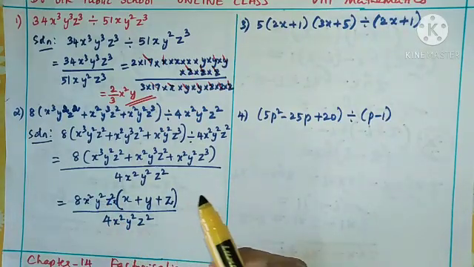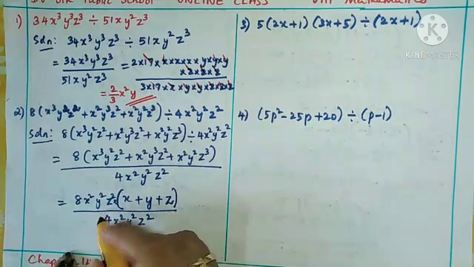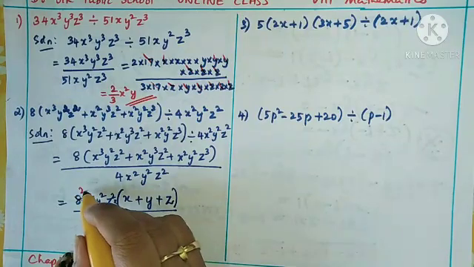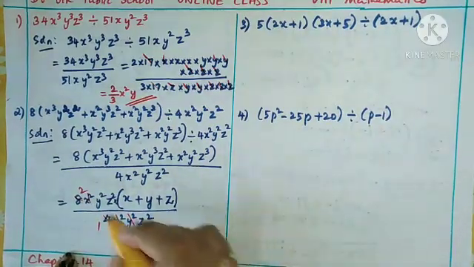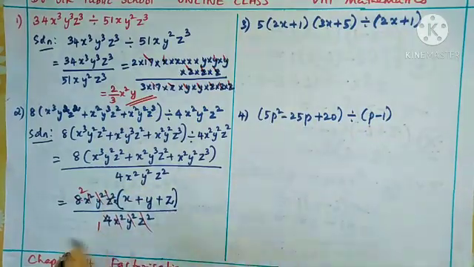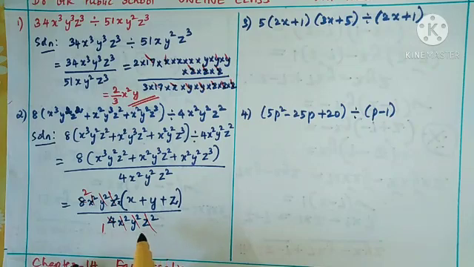So how to cancel, children? 4 and 8 we can cancel easily. 1 4 is 4, 2 4s are 8. Then x square is cancelled. Y square is cancelled. Z square is cancelled. Okay, so what is the remaining you are having?